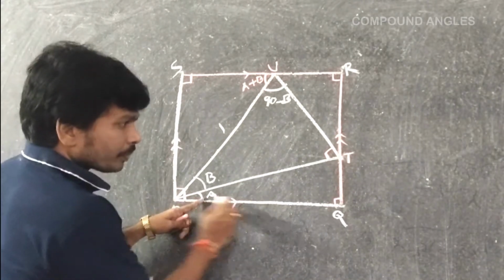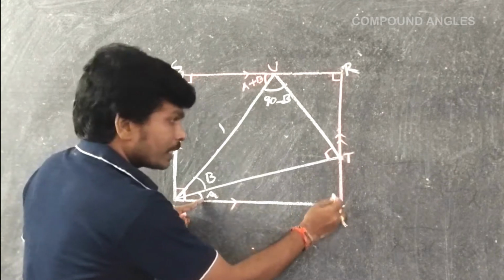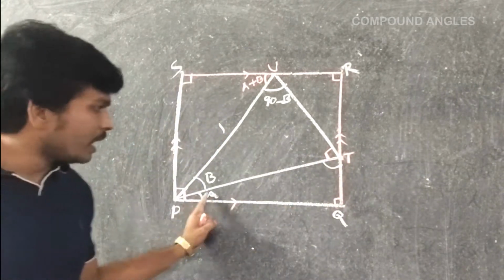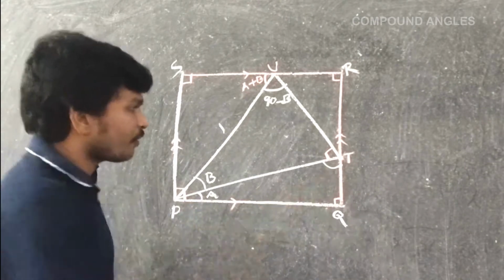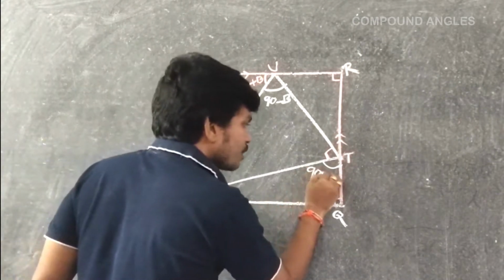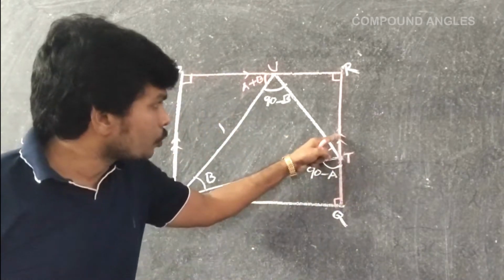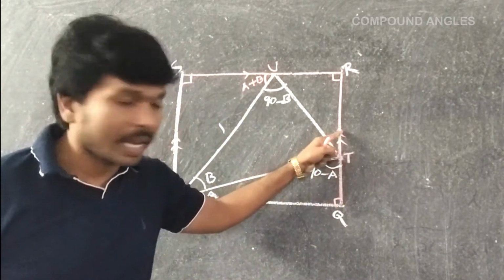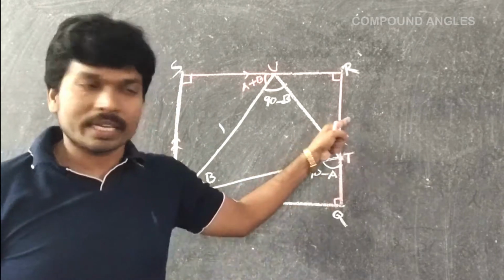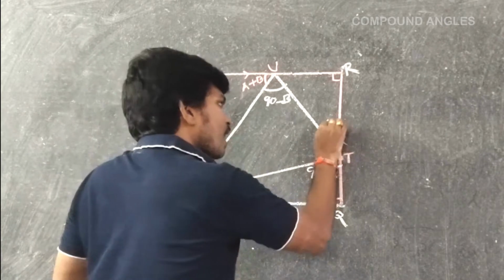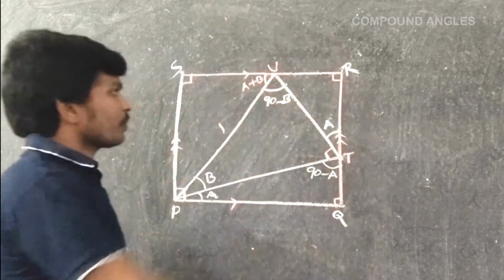This is A. This is 90. Can you say this angle? So this is definitely 90 minus A. Excellent. Now you observe, this is a linear pair. The entire angle is 180. So 90 minus A, 90. So this angle is definitely A.